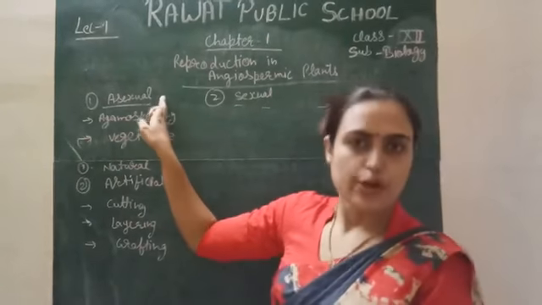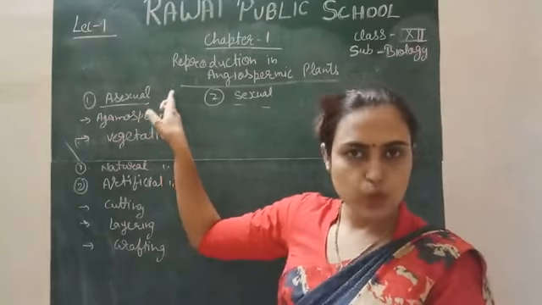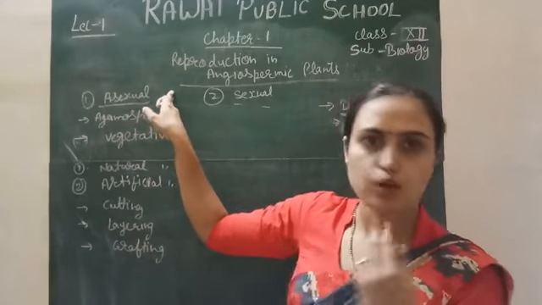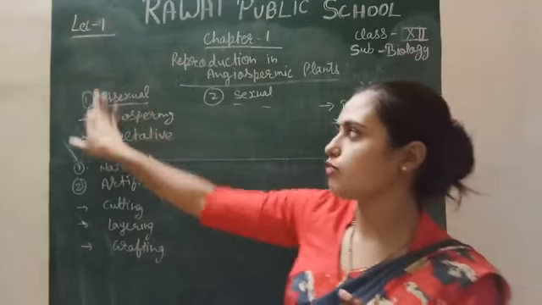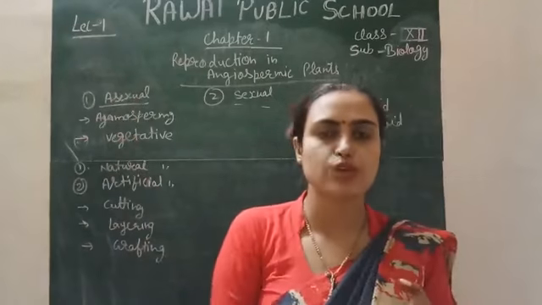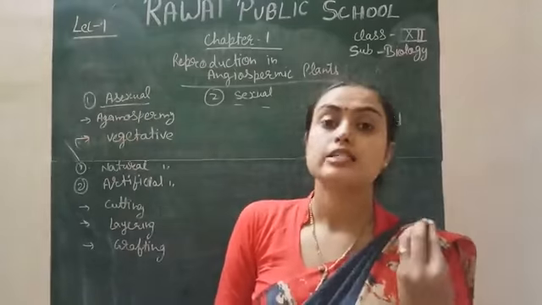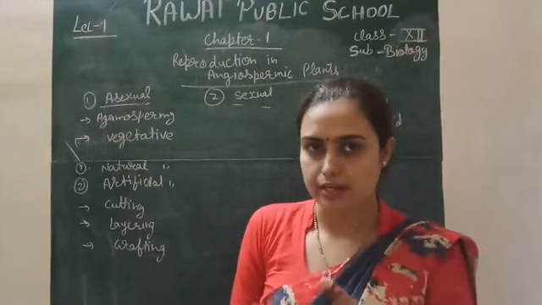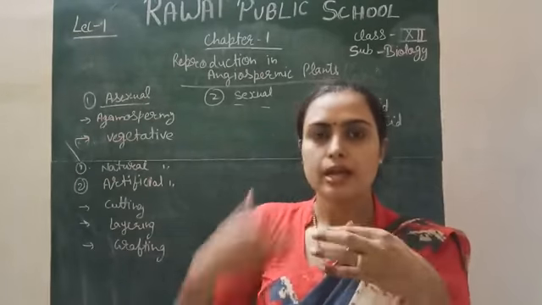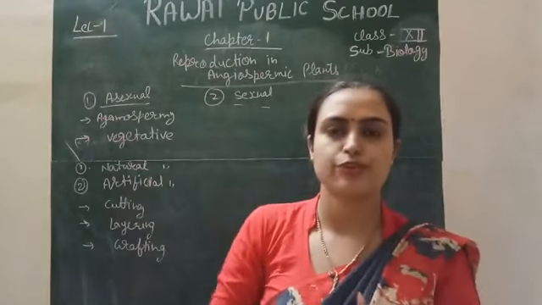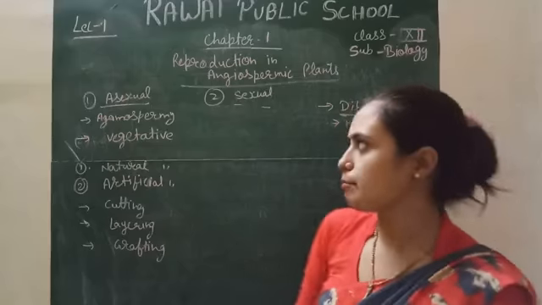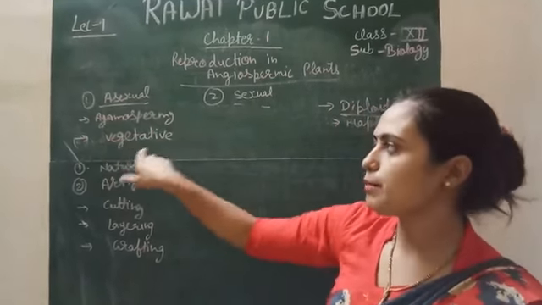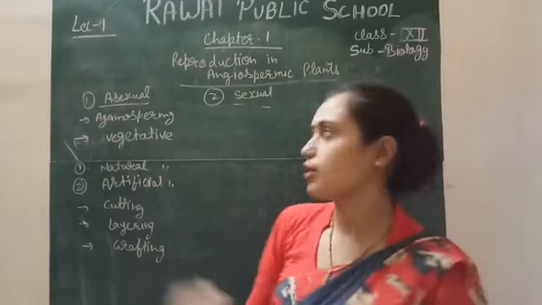So there is no gamete formation, no syngamy, no meiosis, no fertilization. That kind of reproduction is called the asexual mode of reproduction. You can understand it as uniparental, only a single parent produces the new progeny simply. Asexual reproduction is further divided into agamospermy and vegetative reproduction.